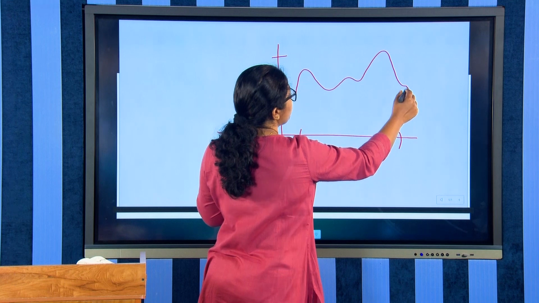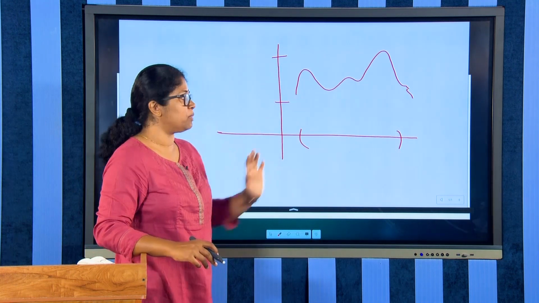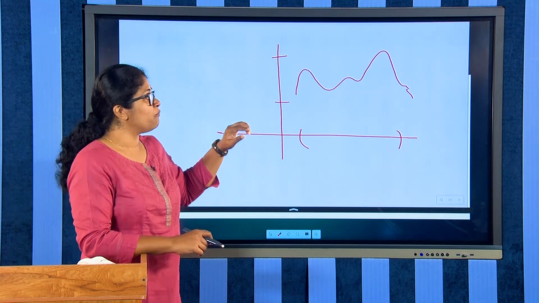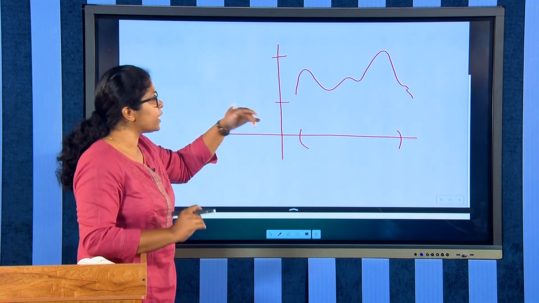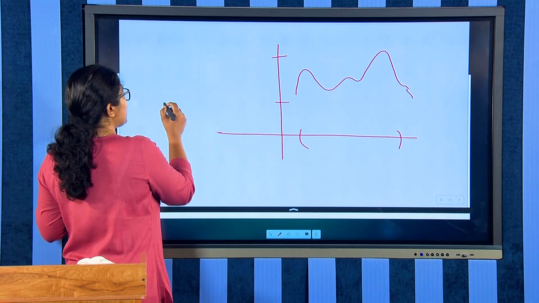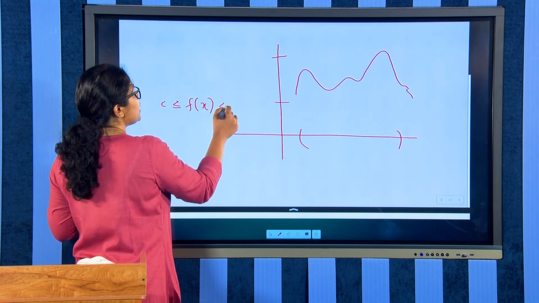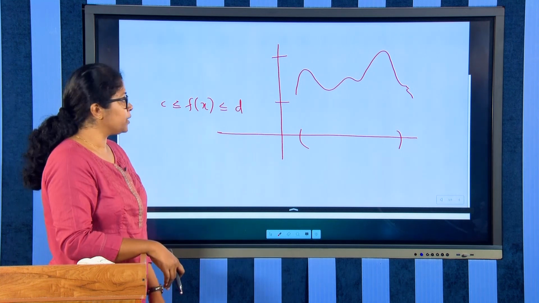We do not know the shape of the graph, so we can draw some arbitrary function in between, but since the function is to be bounded, we need to restrict the function between two values. So, we have some value, say c less than or equal to f of x less than or equal to some d for every x value.